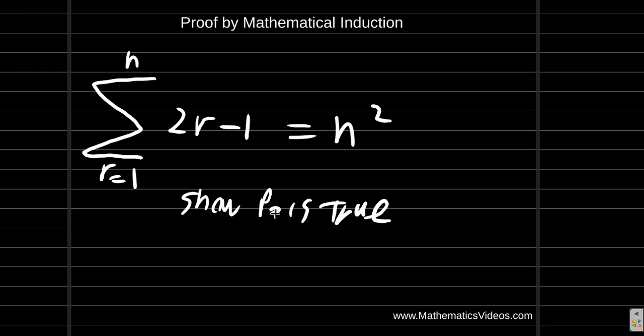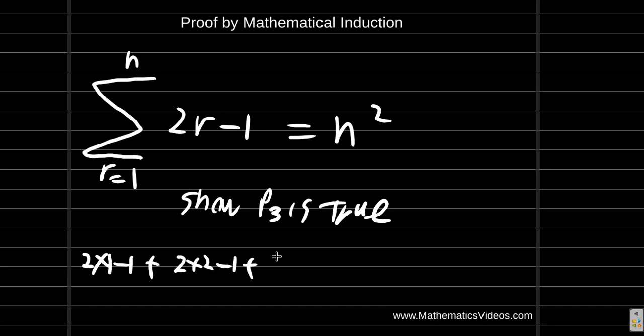If you want to show P3, just to see if it really works, and to show the pattern here. In the first term, r is 1, 2 times 1 minus 1 plus. The second term, r is 2, 2 times 2 minus 1 plus.